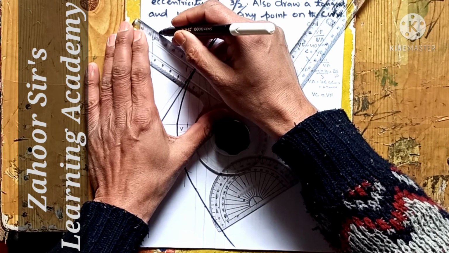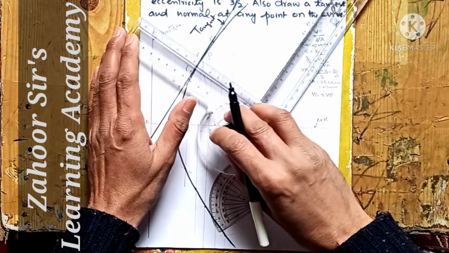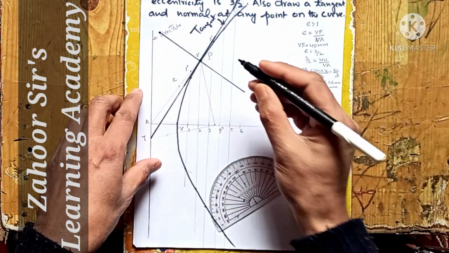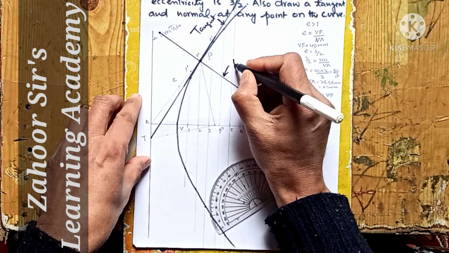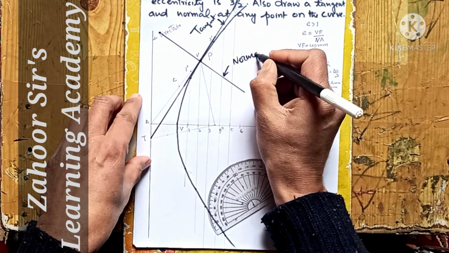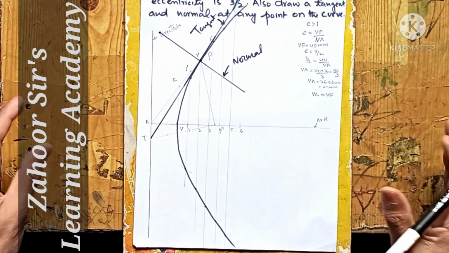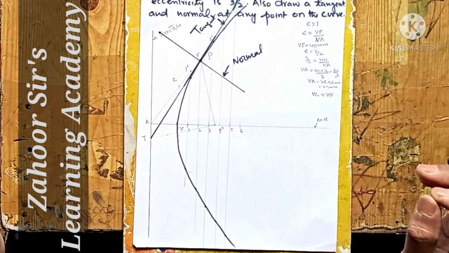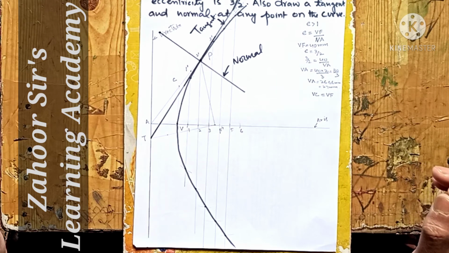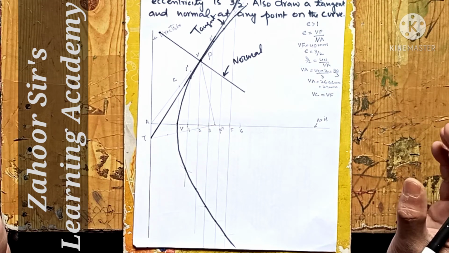This line represents my normal. So this is how we have to draw the hyperbola, and draw a tangent and the normal on that hyperbola.